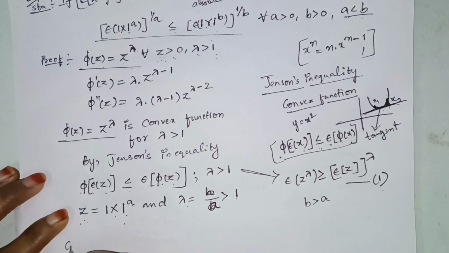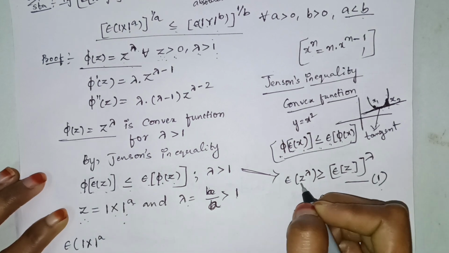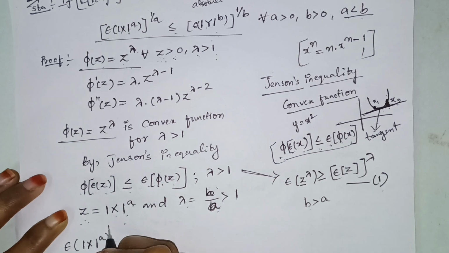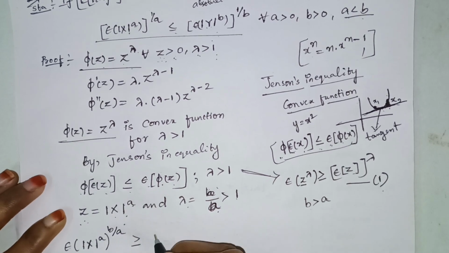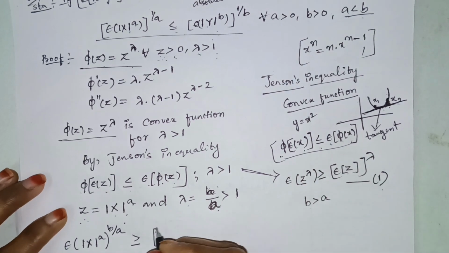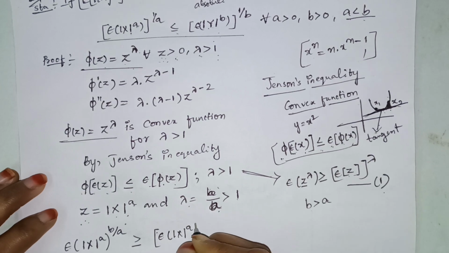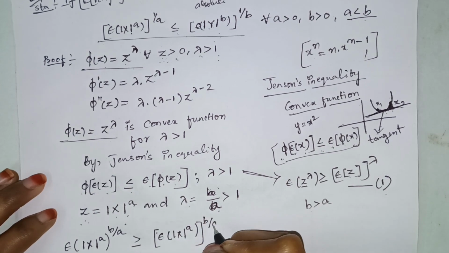Therefore you get expectation of mod x to the power of a, here z is, whole to the power of lambda, lambda is b by a, is greater than or equals to expectation of z, whole to the power of lambda, which is b by a.